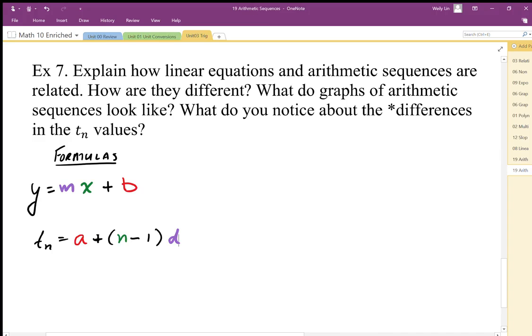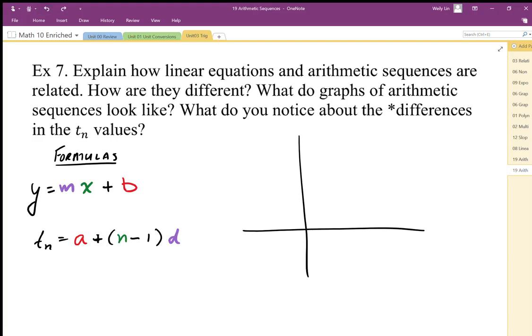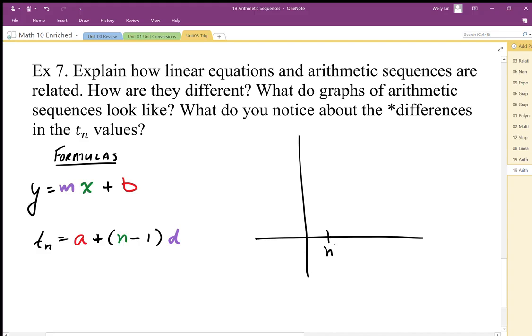So what do the graphs of the arithmetic sequences look like? Well, the graphs of the arithmetic sequences are just going to go up like this. We're going to start at some value. Okay, I'm going to just erase that actually. Because normally we start at 1. So we have n equals 1. We're going to have some starting amount, and then we're going to go up by some step.